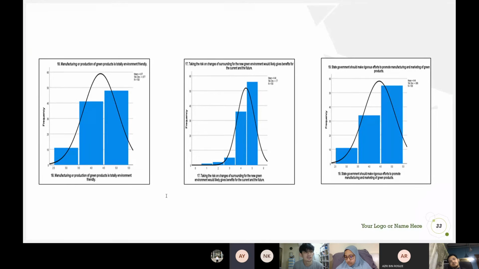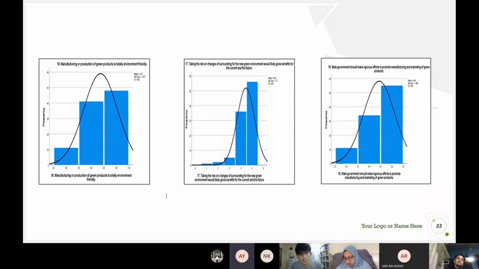As for question 18, manufacturing or production of green product is totally environment friendly. Based on the table above, you can see that 48% strongly agree with the statement.